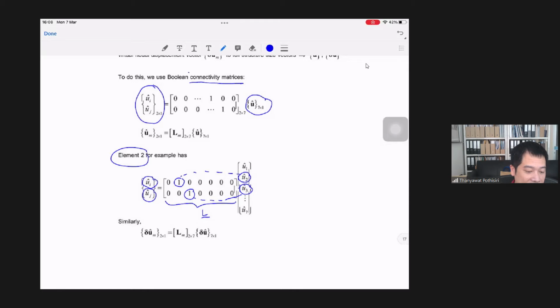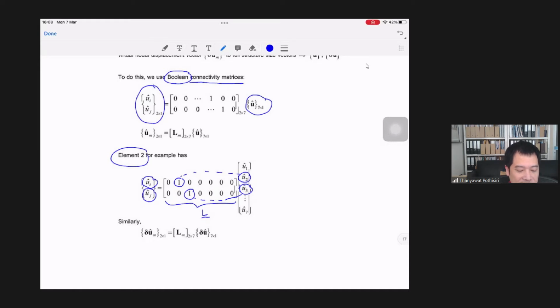We also call it a Boolean matrix, because a Boolean matrix essentially contains only 0 and 1, and its function is to do basic permutation, so we switch between the columns of the matrix.